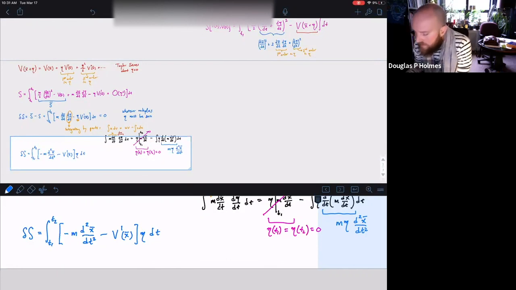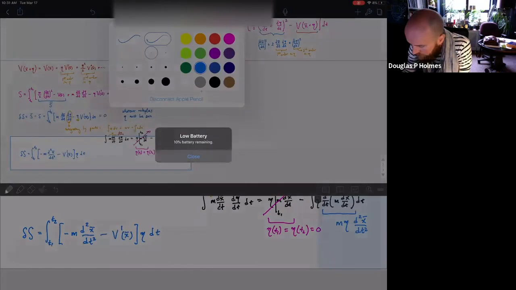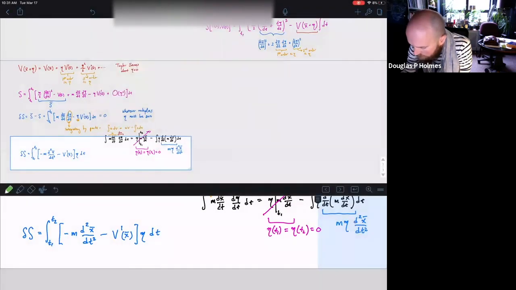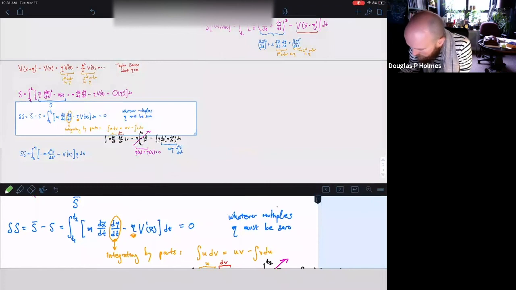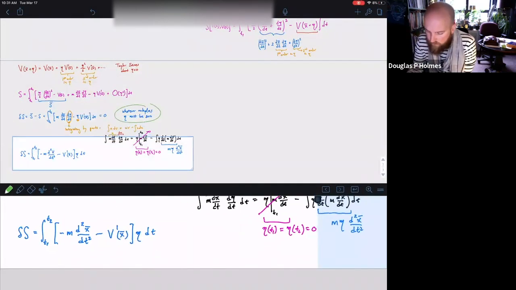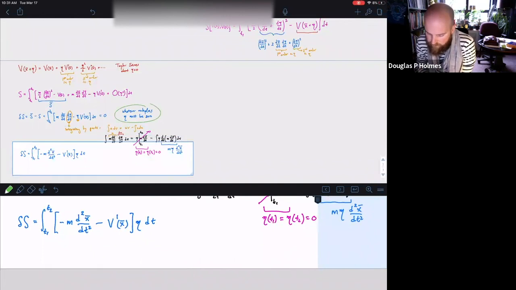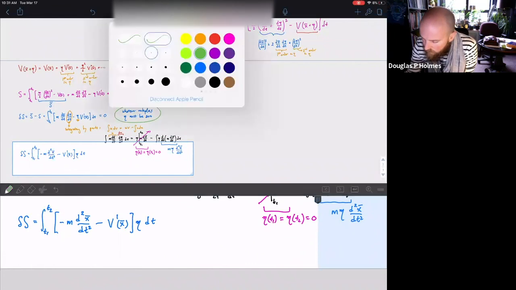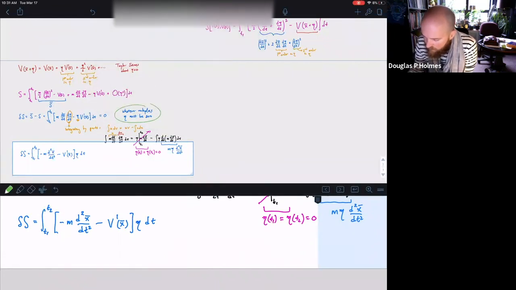If you remember what I said just a few seconds ago, right here, I'll highlight it in green: whatever multiplies eta must be 0. So that means this thing must be 0.